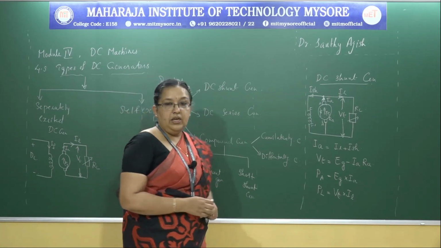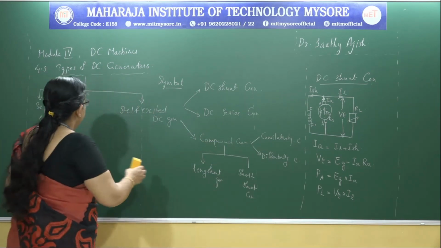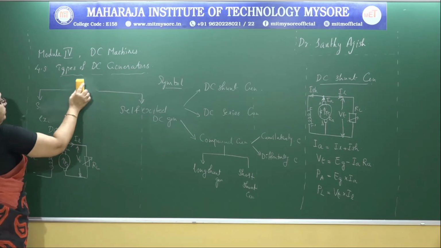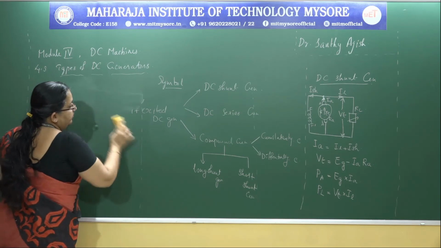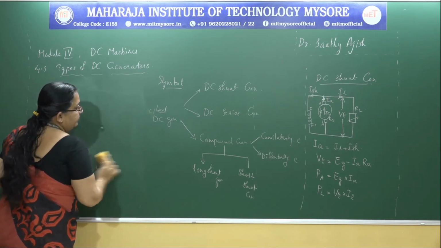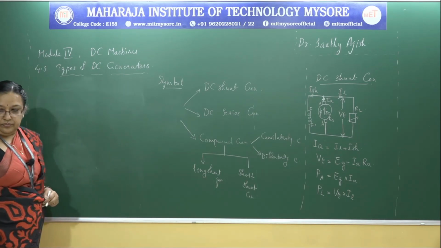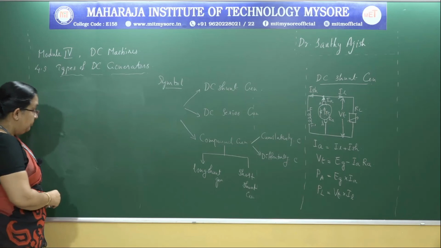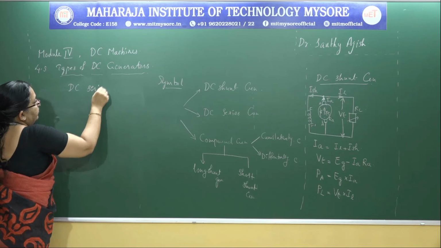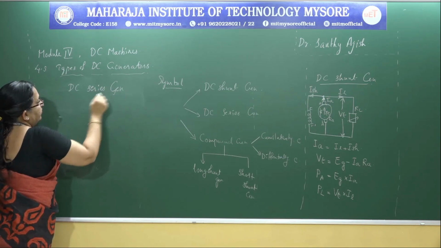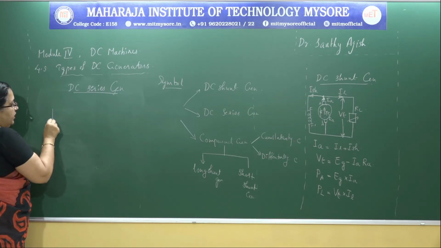So now we see what happens in a DC series generator. So in such case, suppose I start with the armature.